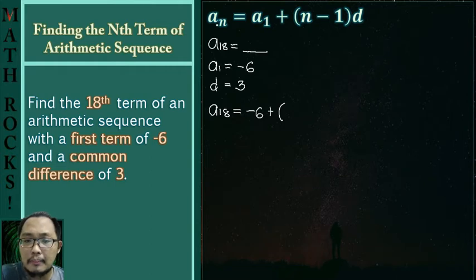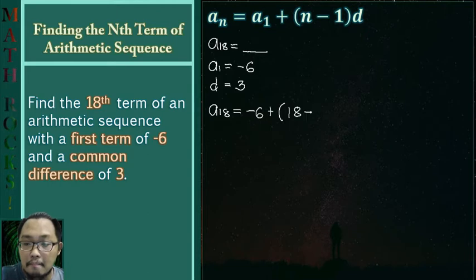This n corresponds to the subscript. Since we are using a sub 18 for our a sub n, n changes to 18, so we have 18 minus 1. At this point, the common difference d is equal to 3, so let us have the 3 here.